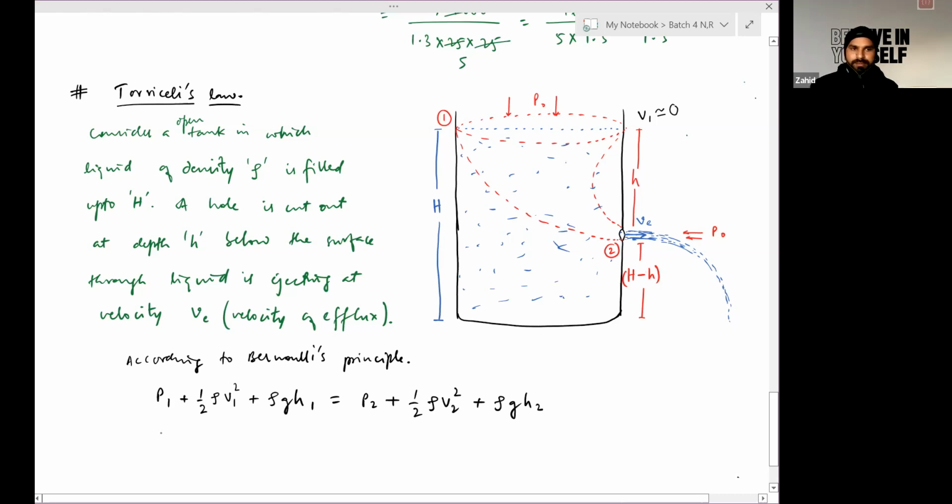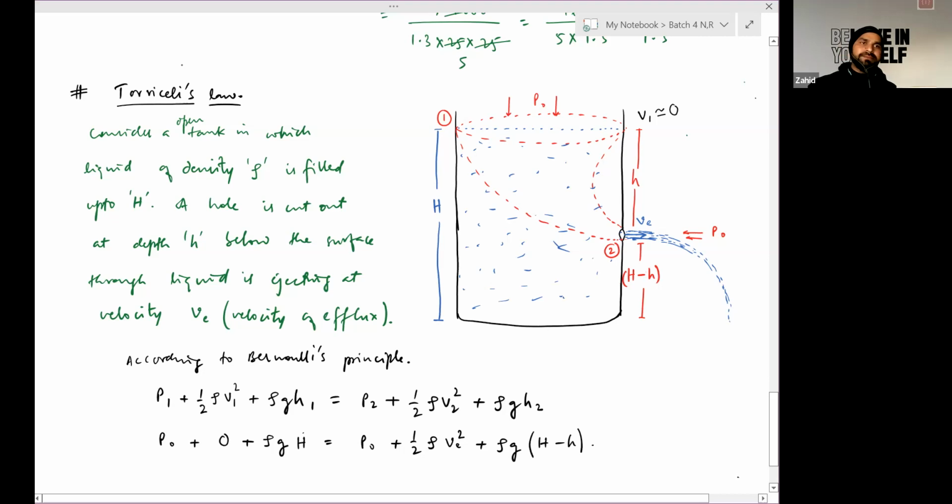P1 is P naught, that is atmospheric pressure. V1 tends to 0, so it will be 0. Rho G H1 is actual height of this particular level of liquid. P2 is P naught. Half rho V2 squared, V2 is velocity of efflux. Rho G H2 is rho g times H minus h.